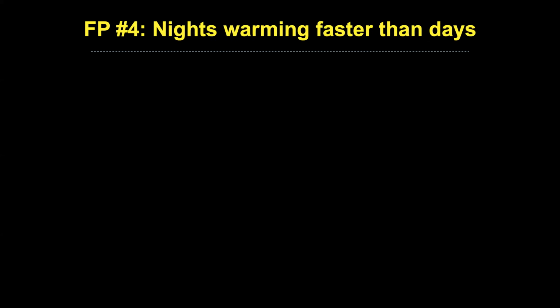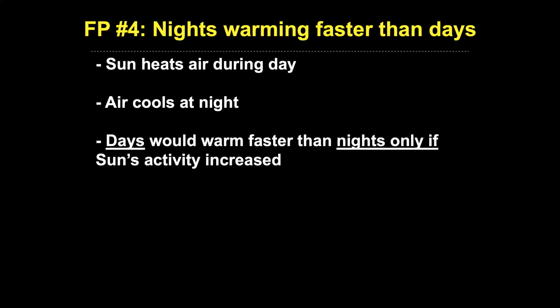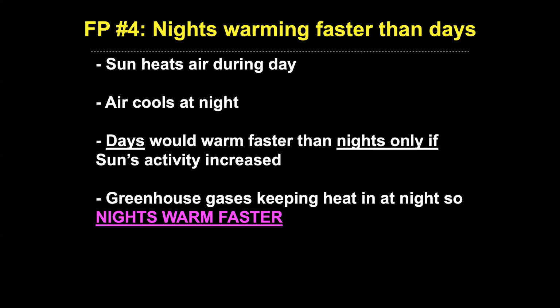Number 4, nights warming faster than days. So the sun heats the air during the day, air cools at night, you know this. Now, days would be warming faster than nights if only the sun activity increased, right? But greenhouse gases are keeping that heat in at night, so the nights are actually warming faster than days are.